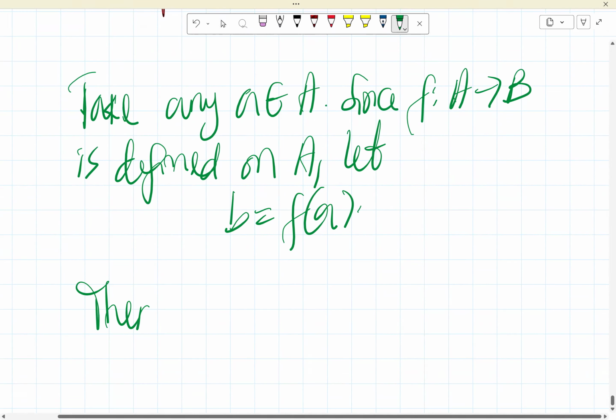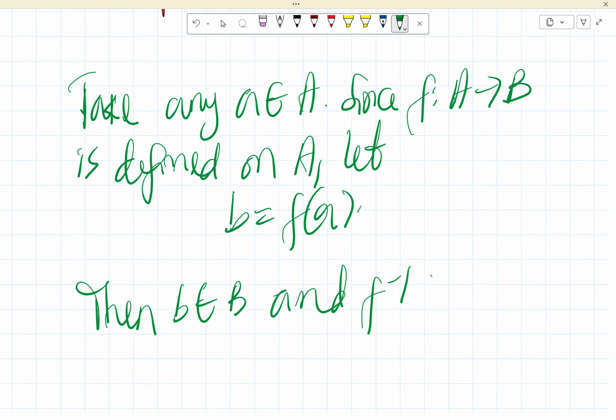Then b belongs to B and F inverse of b is equal to F inverse of F of a, which is equal to a.